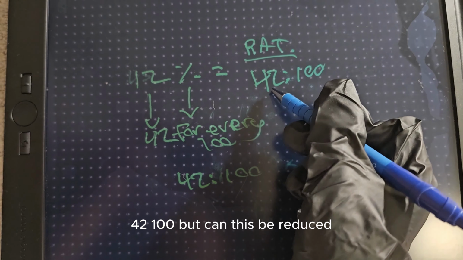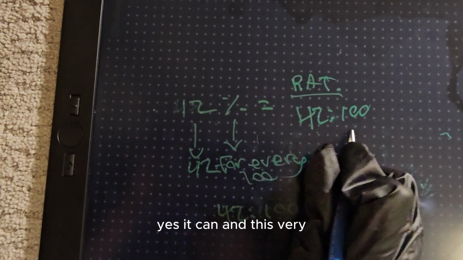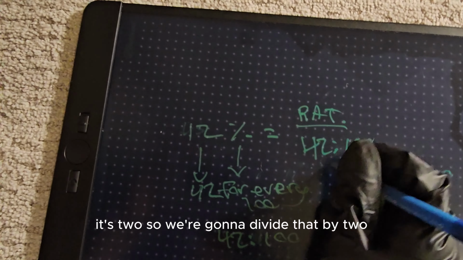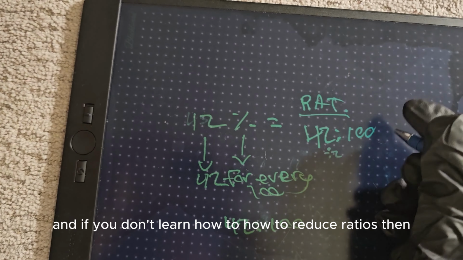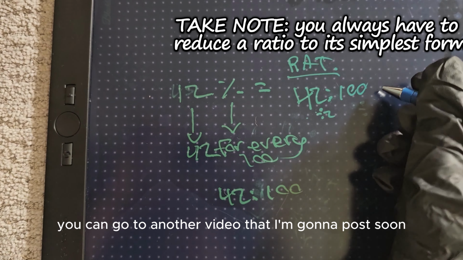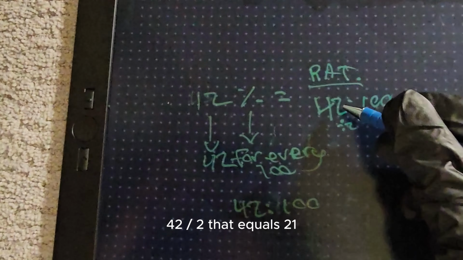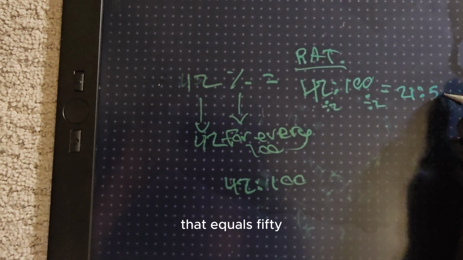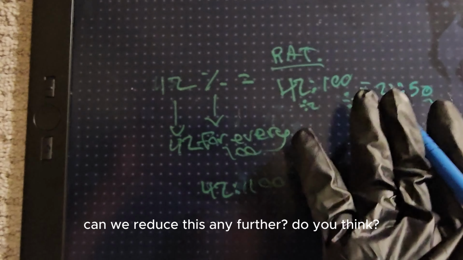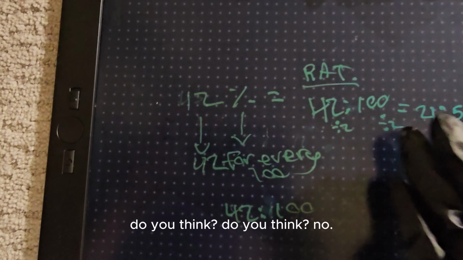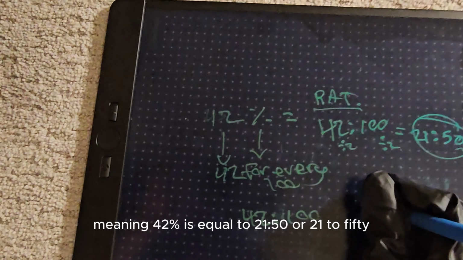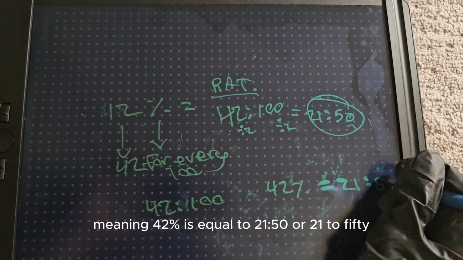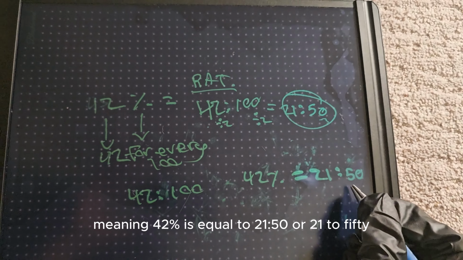But can this be reduced? Yes, it can, and there's a very, very simple number that this can be reduced by. If you can't get it, it's 2. So we're going to divide that by 2. And if you didn't learn how to reduce ratios, you can go to another video that I'm going to post soon. 42 divided by 2 equals 21. 100 divided by 2 equals 50. Can we reduce this any further? No, so that's our final ratio, meaning 42% is equal to 21/50, or 21 to 50.